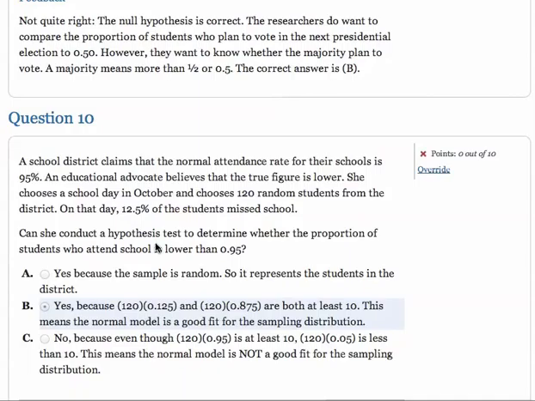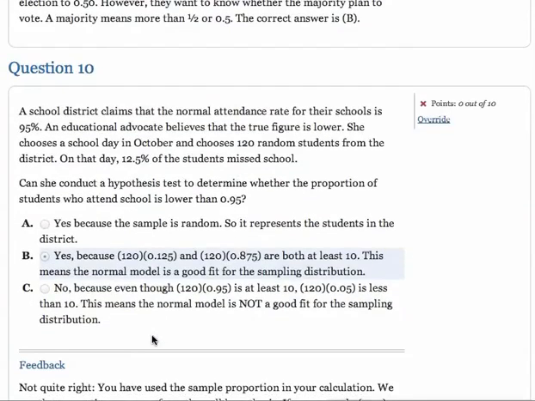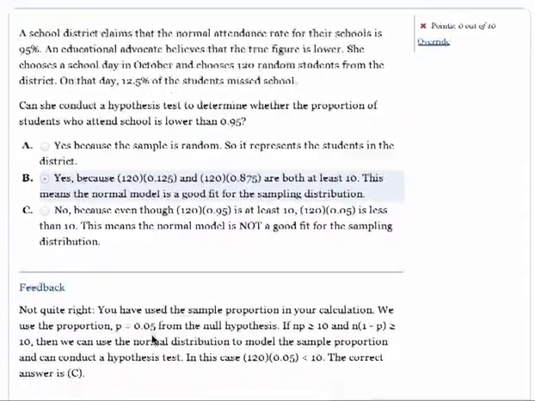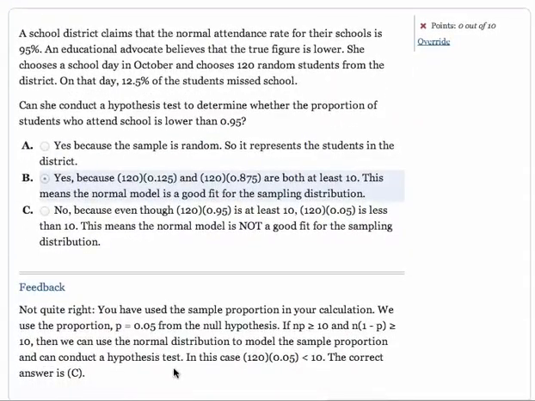Remember, when we conduct a hypothesis test, we assume that H0, the population parameter value, is equal to that number. So we know p is 0.95. So we calculate p times n and 1 minus p times n. We don't use the p-hat, we use the p. So I think the correct answer is C. Yes, the correct answer is C. I hope that made sense to you.